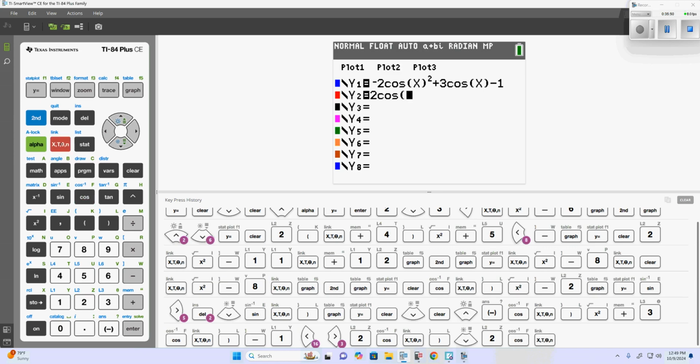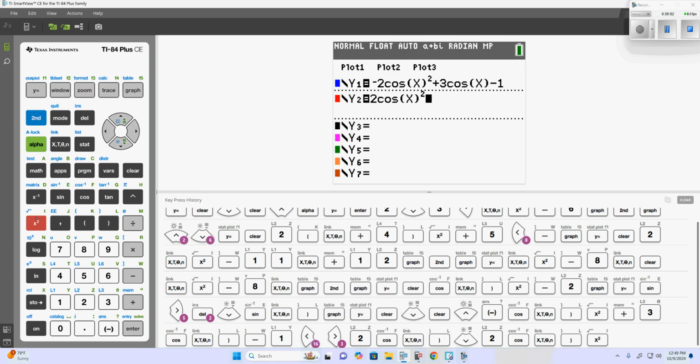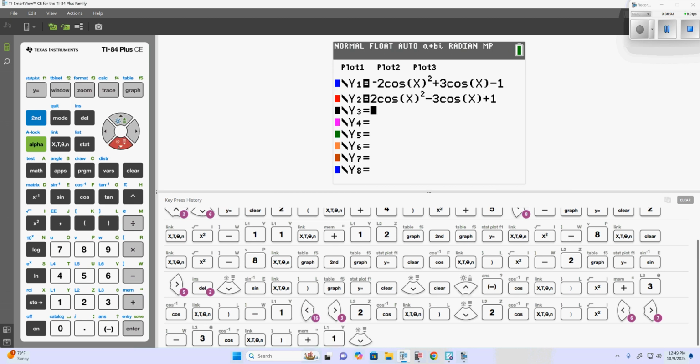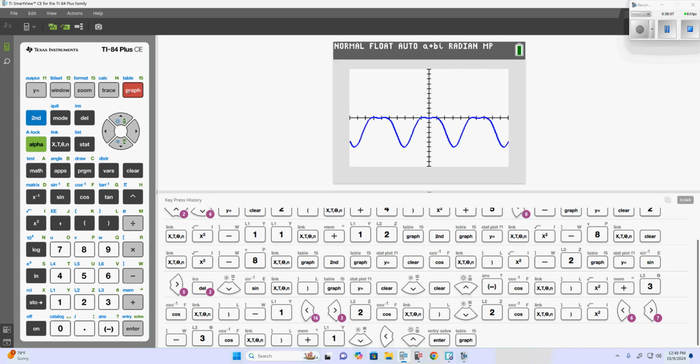And I did intentionally leave the negative off, because what I did is I'm dividing everything by negative 1. Because our normal function is this here.